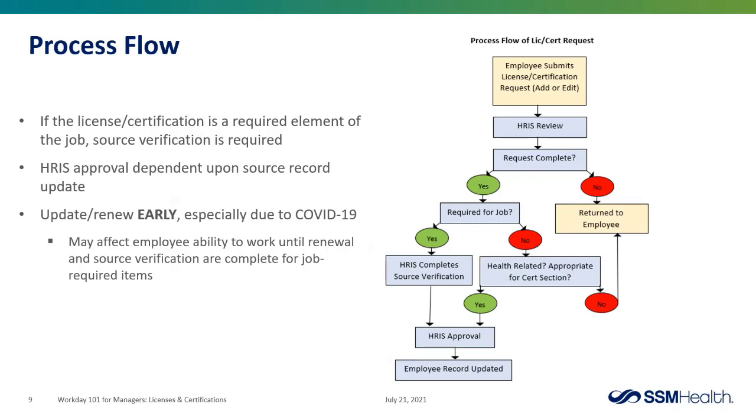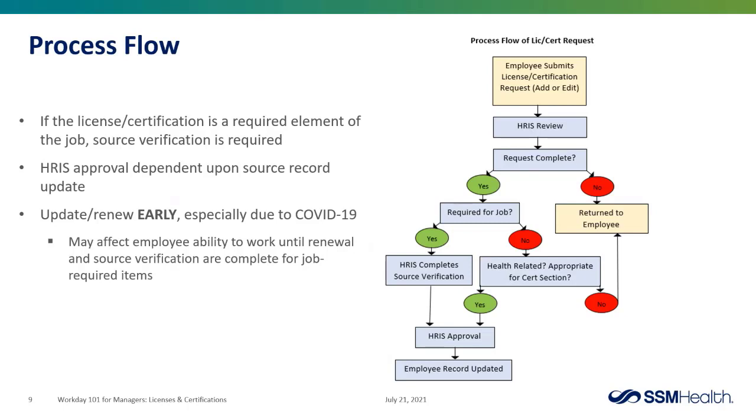And then if the request is all complete, and it's a requirement, then HRIS source verifies it. If it's a license that's health related, so appropriate to the healthcare field, then we as HRIS can go ahead and update that, approve it, and it will go into the employee's file.